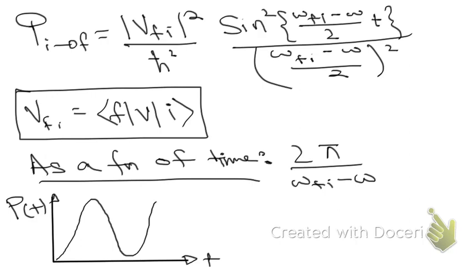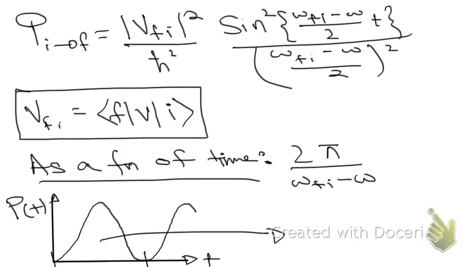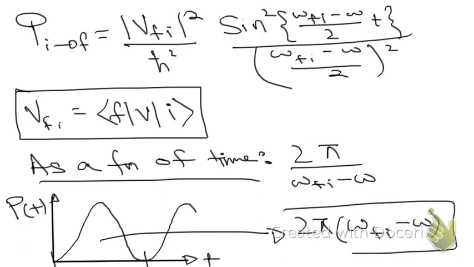It's actually going to touch 0, so let me try doing that again. And it's going to continue forever. The difference between these two points over here, I'll write it over here, is going to be 2 pi over omega fi minus omega. So this is how the probability is going to be oscillatory.